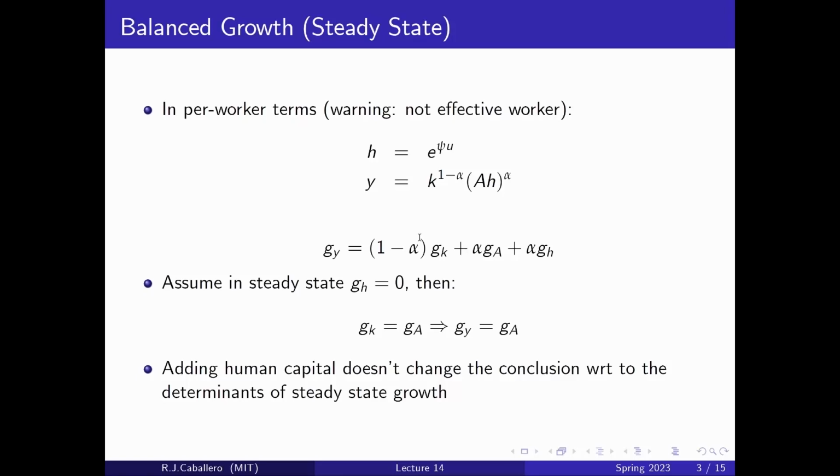So the first thing I'm going to do is normalize everything by workers, okay? All the variables I'm going to show you are going to be divided by n. Now, notice that I'm dividing by n, not by A times n, or A times h. So there's a difference with the previous analysis.